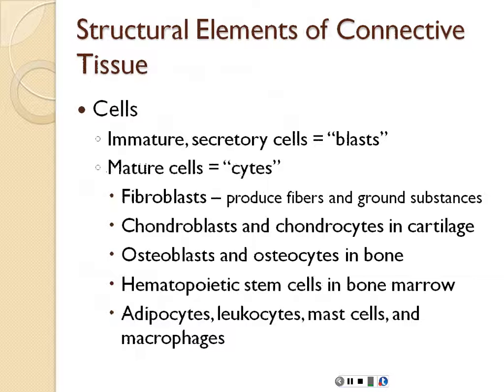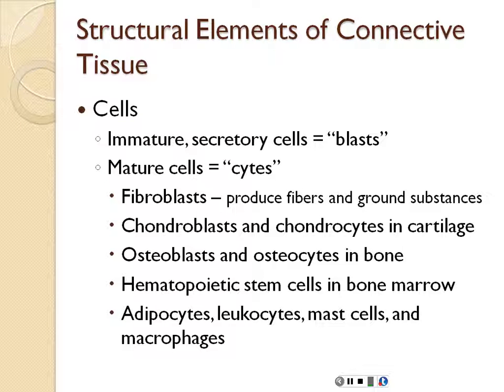And then we have the cell types. In connective tissues, the types of cells you'll run into in this whole chapter and also the next few chapters are chondroblasts, chondrocytes, osteoblasts, osteocytes, adipocytes. For most of those, you probably already know what they mean. But get familiar with these two suffixes, blasts and cytes.